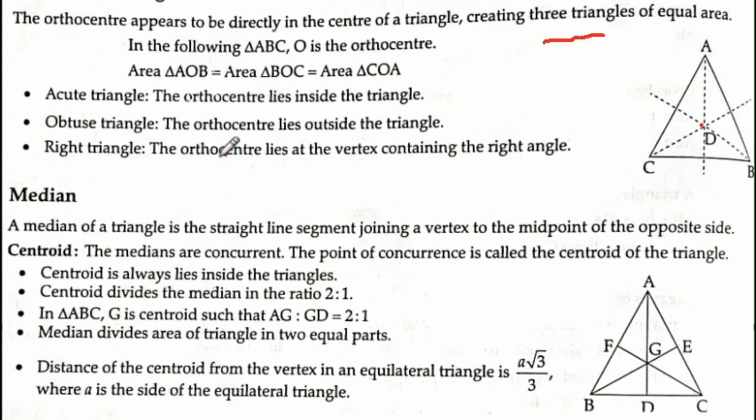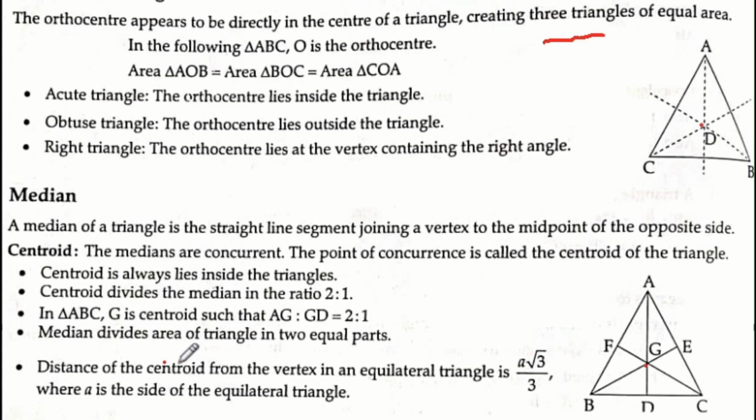In the previous case, we discussed the different points at which the orthocenter lies for different triangles, but unlike the altitude, the median will always lie inside the triangle, and the centroid divides the median in the ratio 2:1. So these are all different medians. We have three medians down here. This is the centroid. The centroid divides this line, could be any line, in the ratio 2:1.